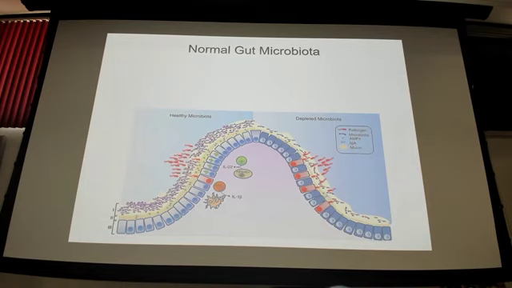We've seen pictures or cartoons talking about gut bacteria before, but this one nicely summarizes the role of healthy bacteria in a gut versus a gut that has been damaged and has reduced populations of healthy bacteria.